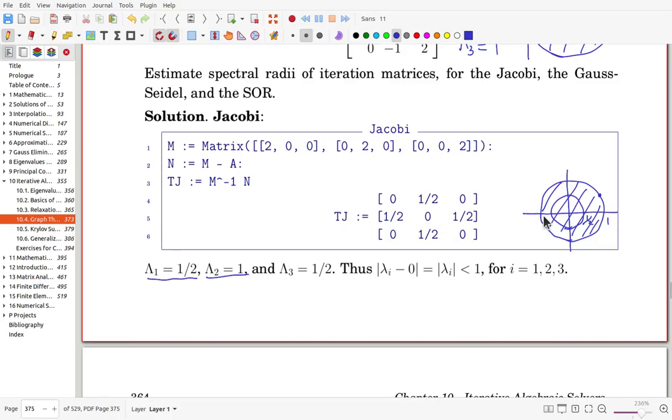So we can conclude every eigenvalue must be in the interior of this disk. So the largest eigenvalue is strictly less than 1, which means that the Jacobi method is convergent. The spectral radius must be strictly less than 1, so the method must be convergent.